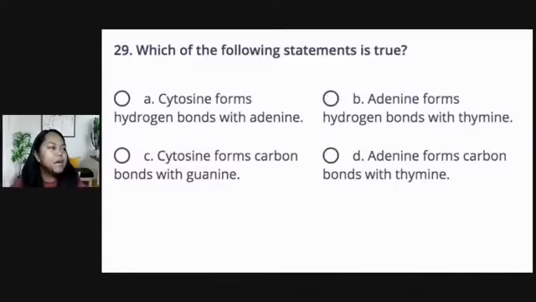Okay, I see B's and A. Okay, please put your answer in our chat box. 29B. B. Okay, some more answers. So may A, B, C. Ba't hindi ka makasagot, Ma'am Rowena?